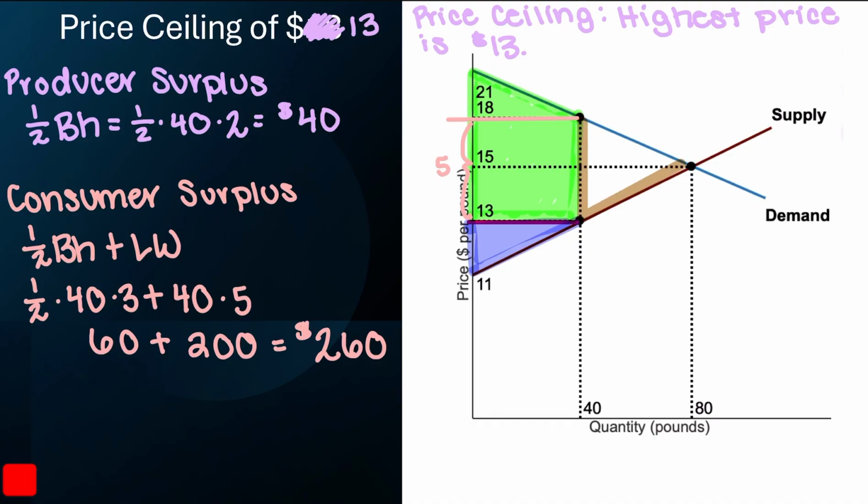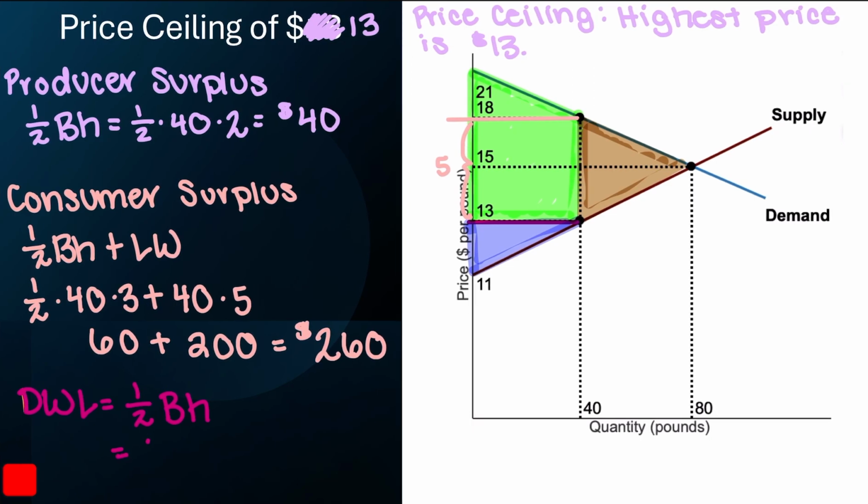And then our deadweight loss is this triangle in the middle. And this is the loss in efficiency from having a price floor or a price ceiling that's actually impacting the market. So it's going to be 1/2 base times height.